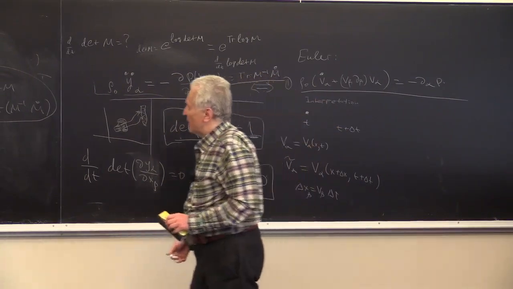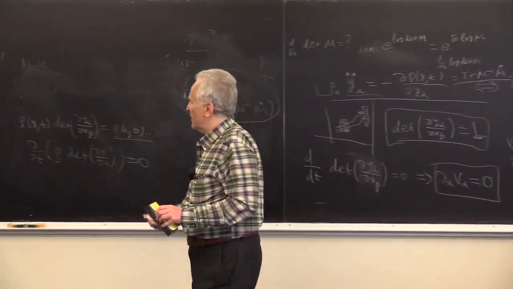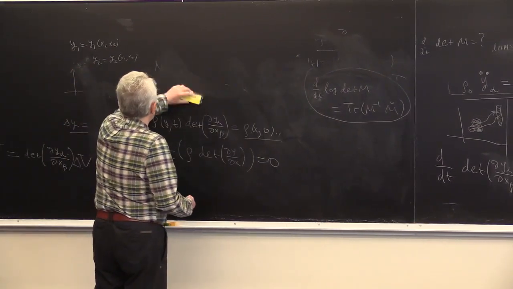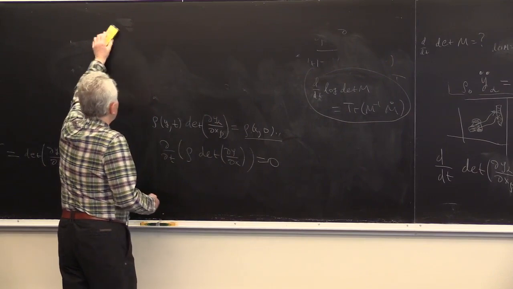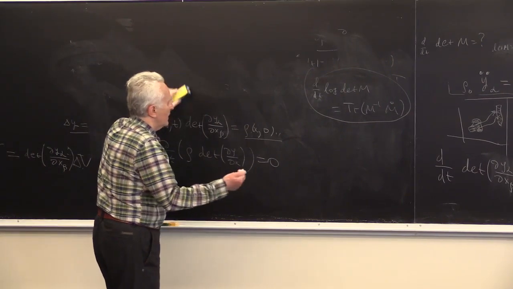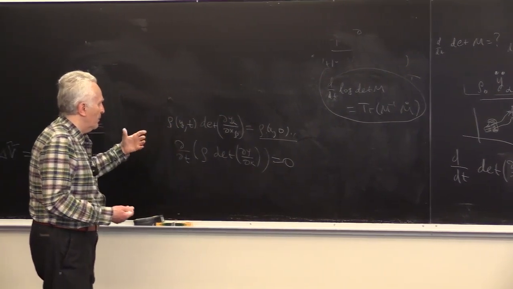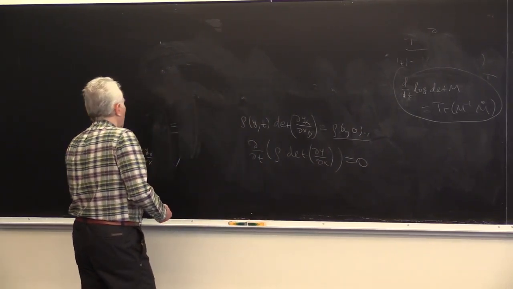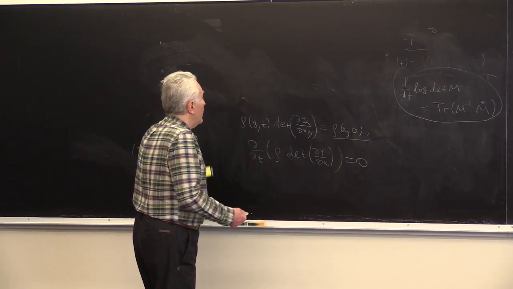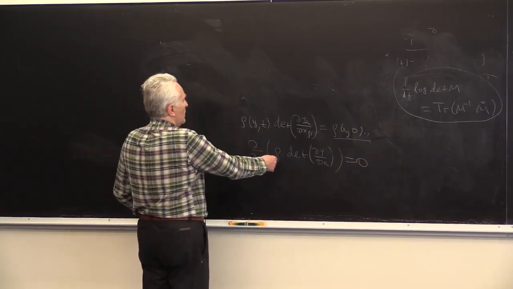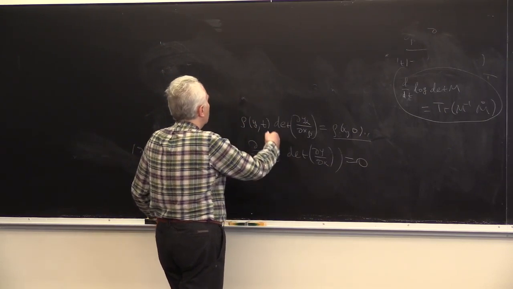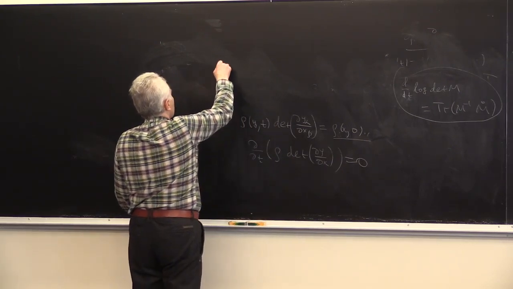I'm anxious to start doing some applications of this equation. The equations themselves are interesting, but you really get the feeling of their beauty and power when you start solving problems. This could have been derived directly, the continuity equation.